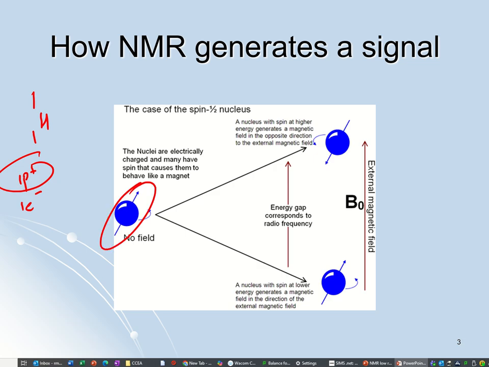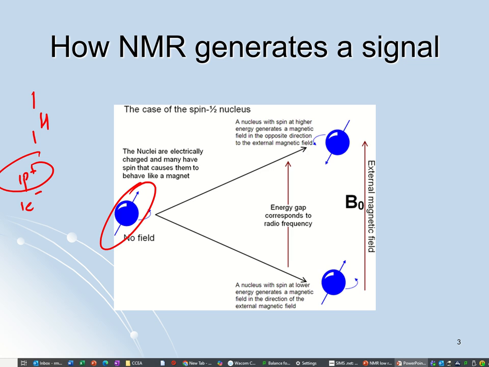Unless you do A-level physics you probably won't know that a single proton spinning in a nucleus on its own exerts a very small magnetic force. It behaves essentially like a little magnet.